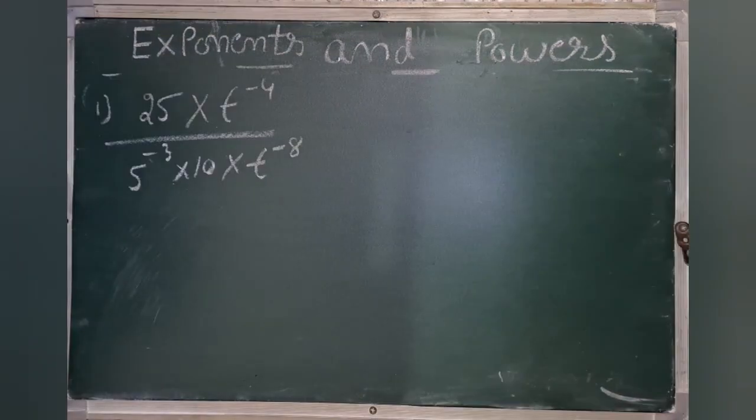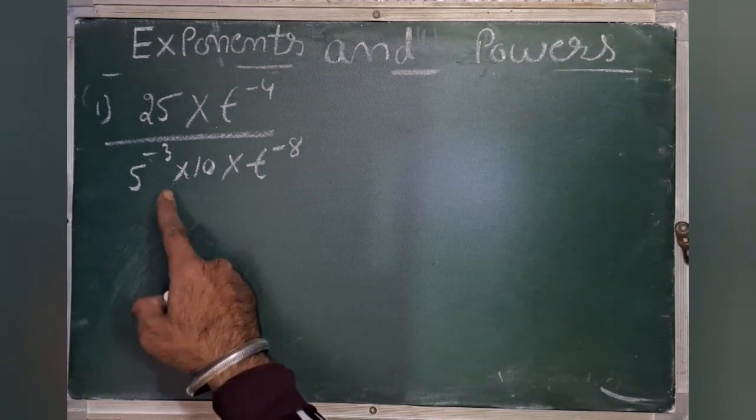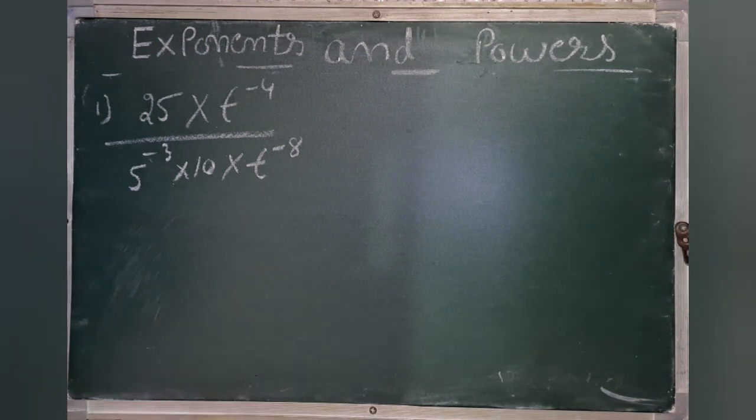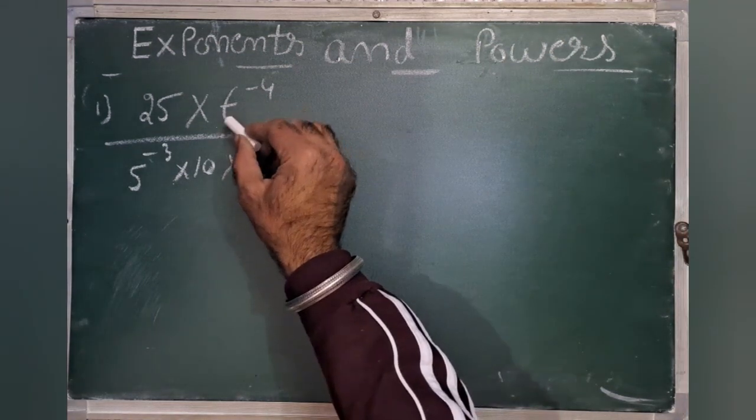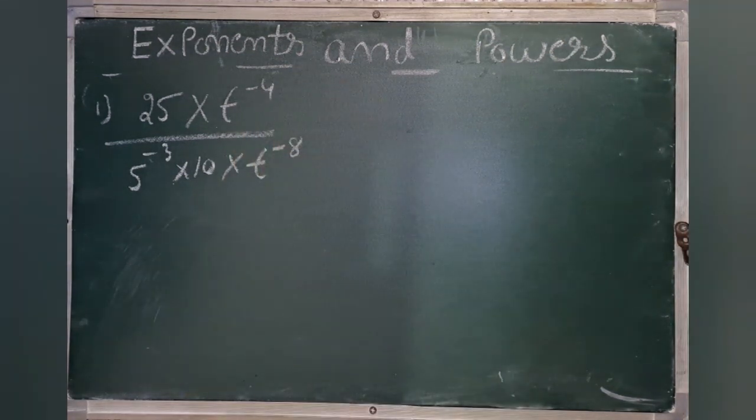8th class book. So this question is 25 multiply t power minus 4 upon 5 power minus 3 multiply 10 then t multiply power minus 8. So what we do in this, इसमें हमें करना क्या है, पहले ये देखो इसमें कुछ बेस ऐसे हैं जिनकी पावर नेगेटिव है.